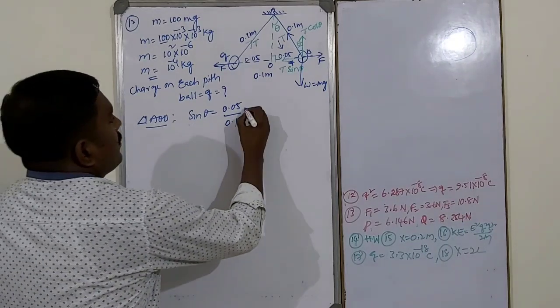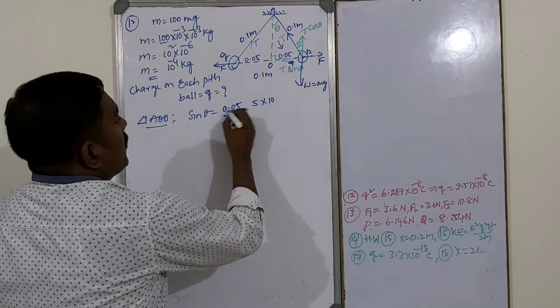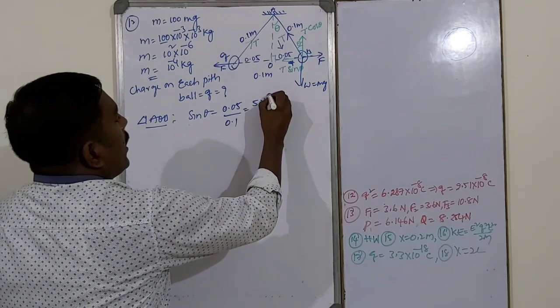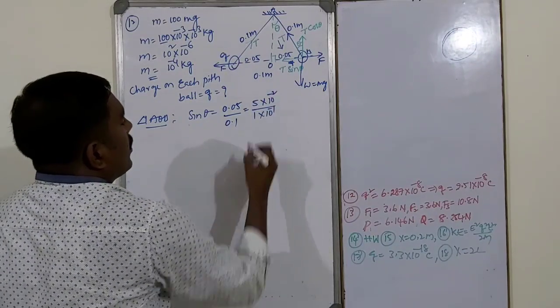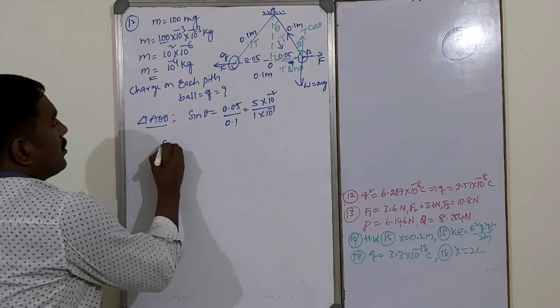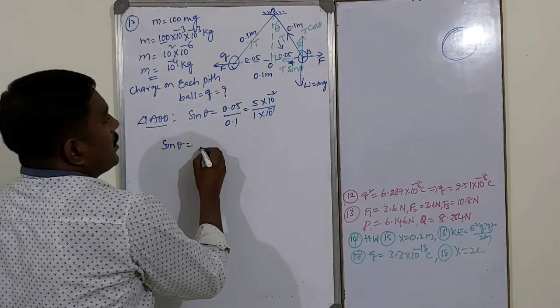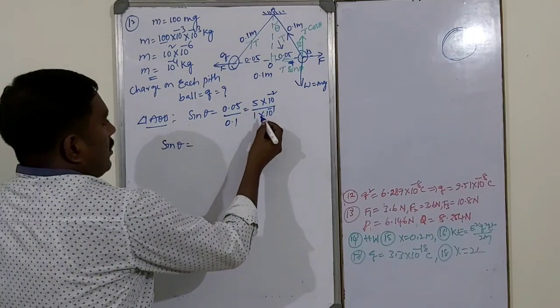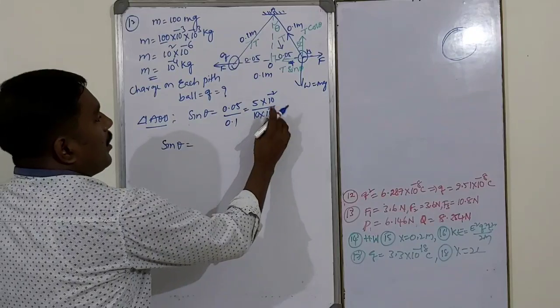So then, 5 into 10 power minus 2 divided by 1 into 10 power minus 1. So sin theta is equal to, if I bring one more zero to this side, I write it as 10 into 10 power minus 2.